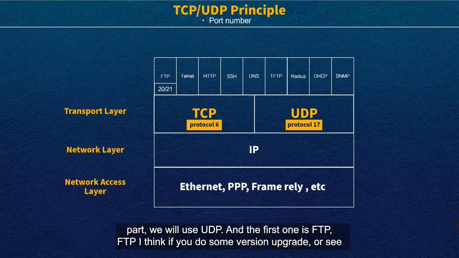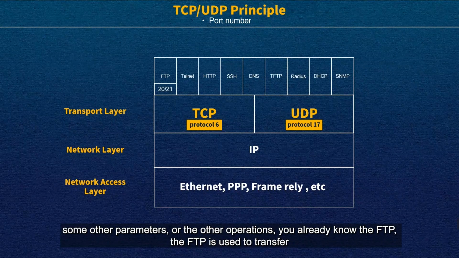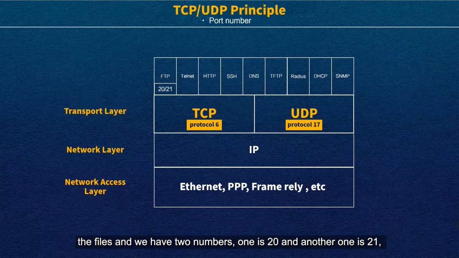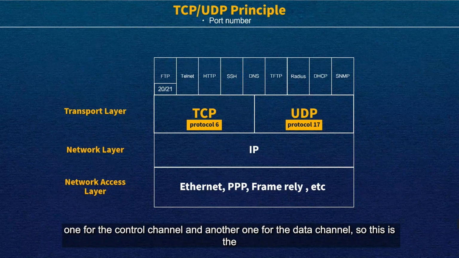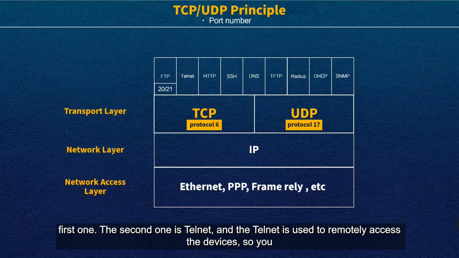If you do a version upgrade or other operations, you already know FTP. FTP is used to transfer files. And we have two port numbers, 20 and 21: one for the control channel and another for the data channel. So this is the first one.